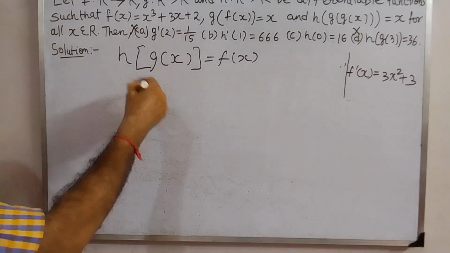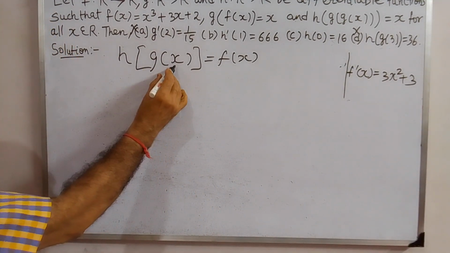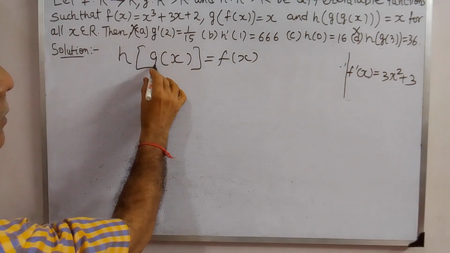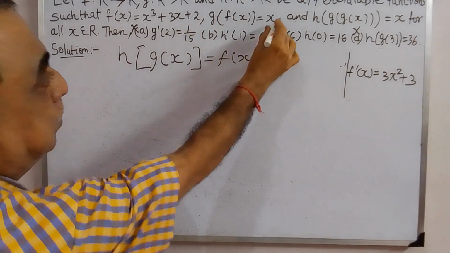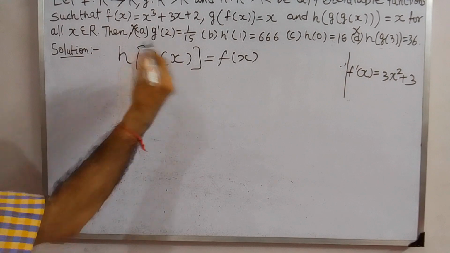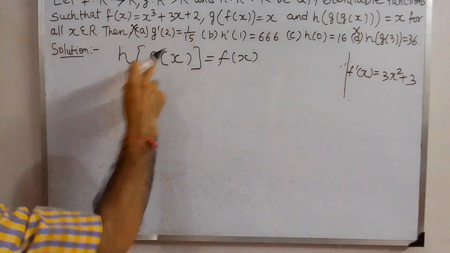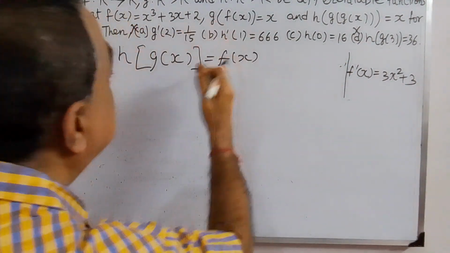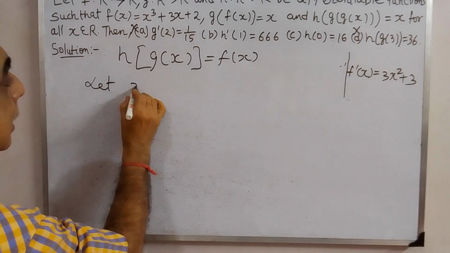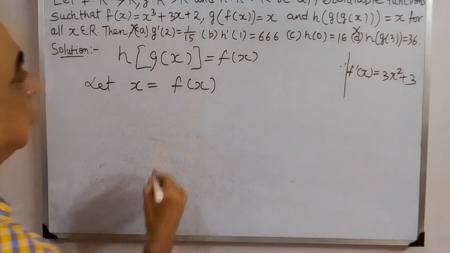Now again do the similar substitution. If I put x equal to fx, what will I get? G of fx, and g of fx is equal to x, so this will change to x. The further substitution which I did in the D part, do that substitution again. So let x equal fx in this equation.